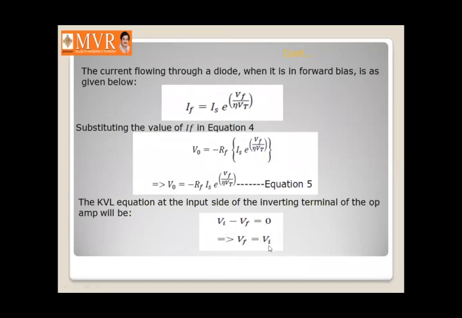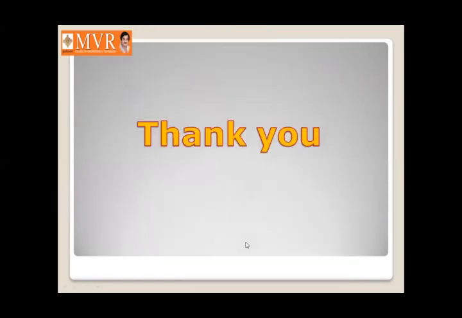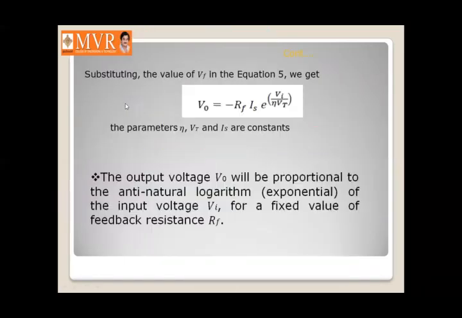So Vi is equal to Vf. Hence, by substituting that value, V naught is equal to minus Rf into Is e power Vi by eta Vt. From this equation we can observe that the output voltage is proportional to the anti-logarithmic value of the input voltage for a fixed value of feedback resistor Rf.